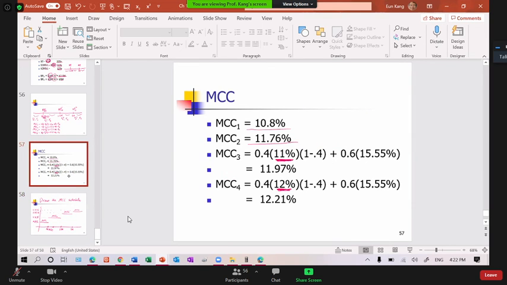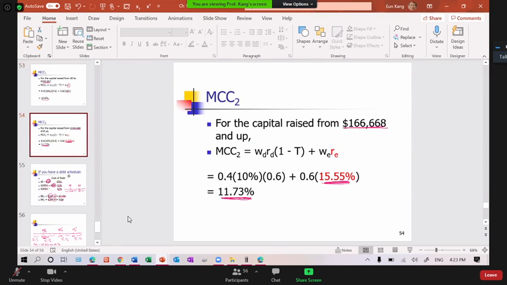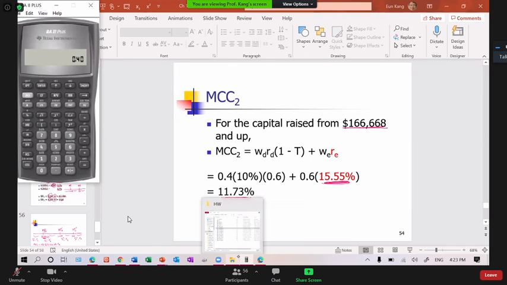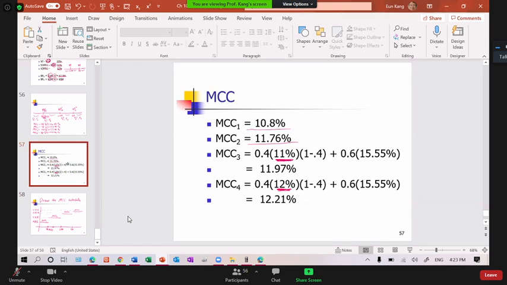By the way, I wrote 11.76, but we have 11.73. Which one is correct? So 15.55 times 0.6, plus 0.24 times 2.4, plus the one we calculated. 11.73 is correct, so this is wrong.